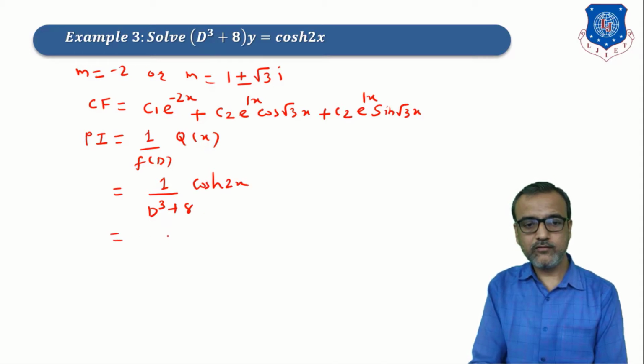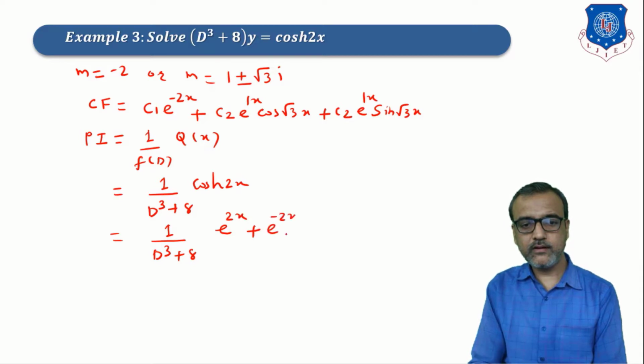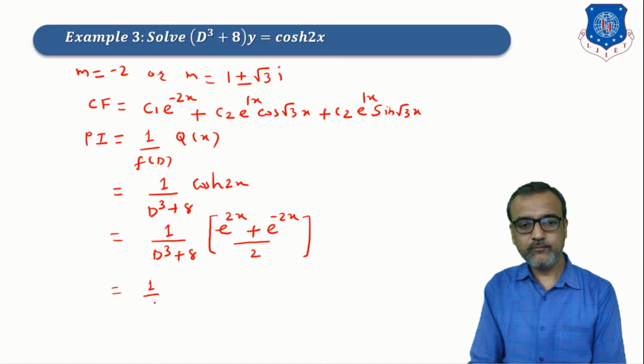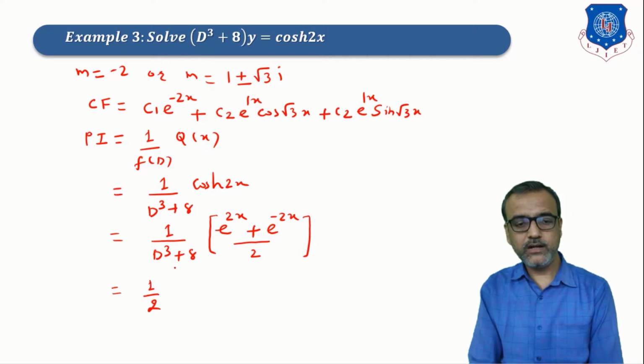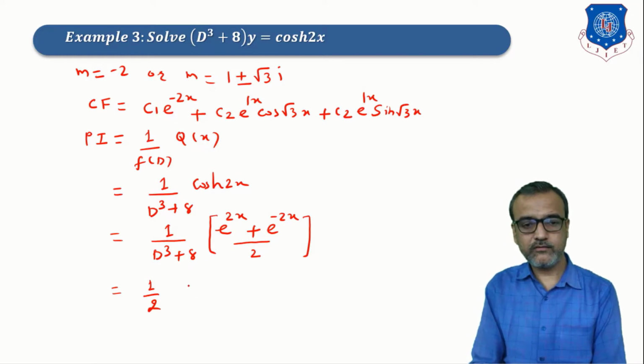So this is equals 1 upon D cube plus 8 times hyperbolic cos 2x, which is e raised to 2x plus e raised to minus 2x divided by 2. Just remember this formula. Now we will keep the 1 by 2 constant outside, and we will apply the 1 by D cube plus 8 operator on e raised to 2x as well as on e raised to minus 2x.